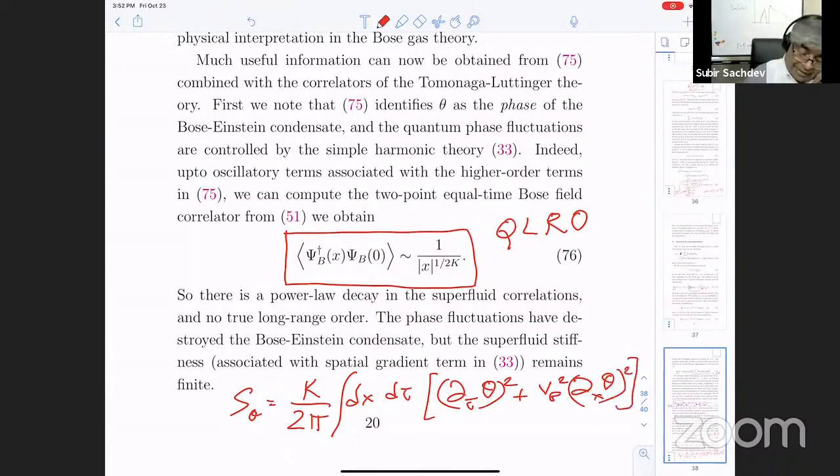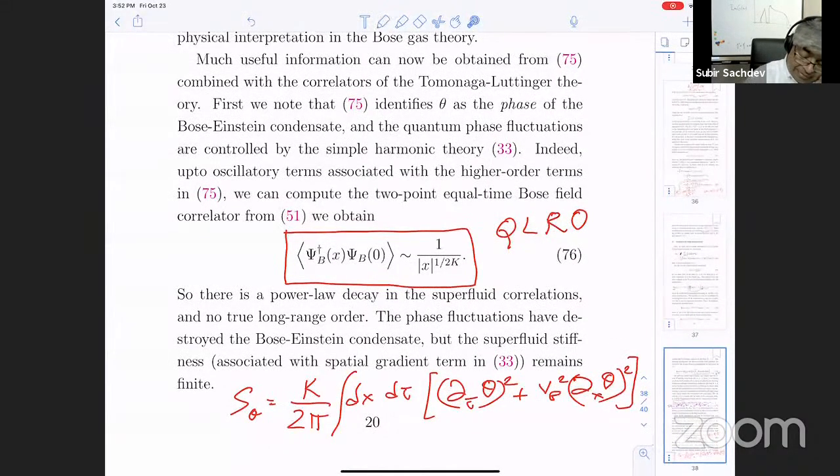Now this is precisely the action we met in the second chapter for the massless spin wave or the phonon mode, the density fluctuation in a superfluid. And the coefficient, if you may still remember, was the superfluid stiffness or the helicity modulus. Okay, go back and look at the notes if you've forgotten.